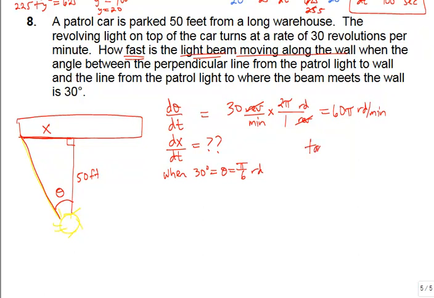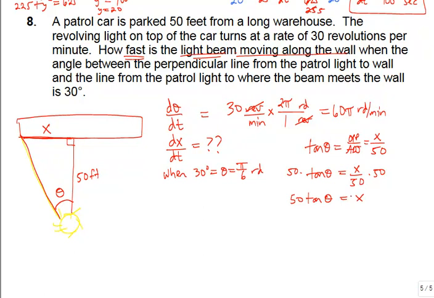So tangent of theta is opposite over adjacent, which in our problem, the opposite side was the x, and the adjacent side was the 50. So tangent of theta equals x over 50. If you don't want to deal with fractions, you could go ahead and multiply that 50 across to the other side and make this become 50 tangent of theta equals x. That's just a choice that's up to you.